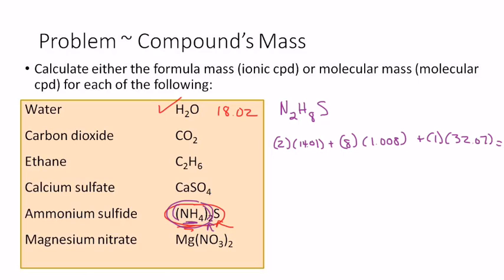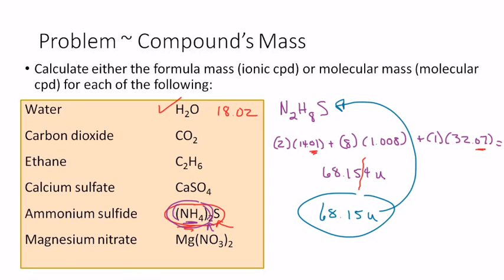My calculator displays 68.154, and don't forget the units are U's or AMUs, atomic mass units. That would be fine if you want to go with that. But again, we run into rounding to just 2 decimals like we did with water. So an even better answer would be 68.15 U's or AMUs. That is how much one of those weighs, ammonium sulfide.